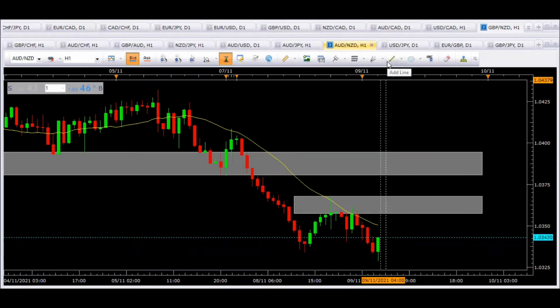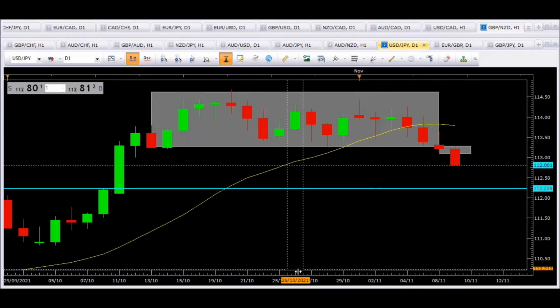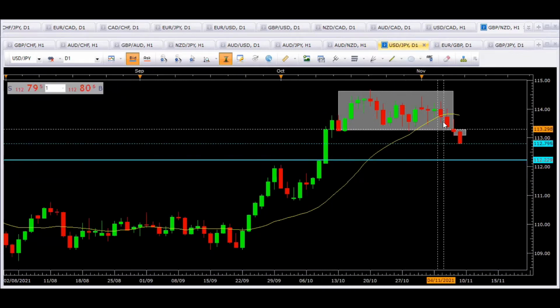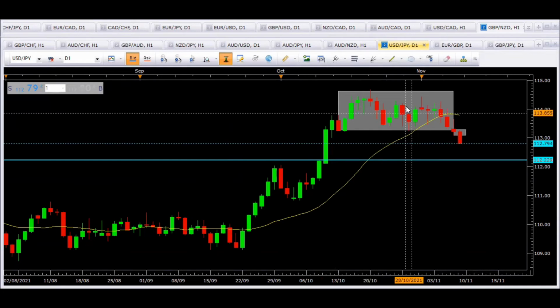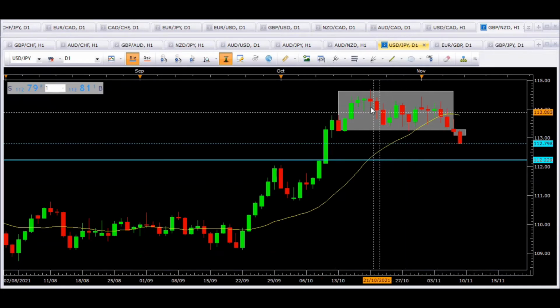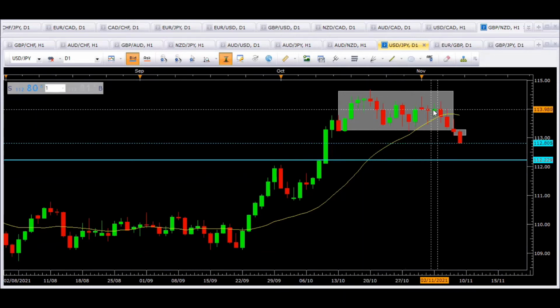Third trade we're looking at today is the US dollar, Japanese yen. Okay, so this is the day chart. This first big grey zone, guys, is just showing you there was a lot of chop for the last 12 days. There's been nothing but sideways movement.